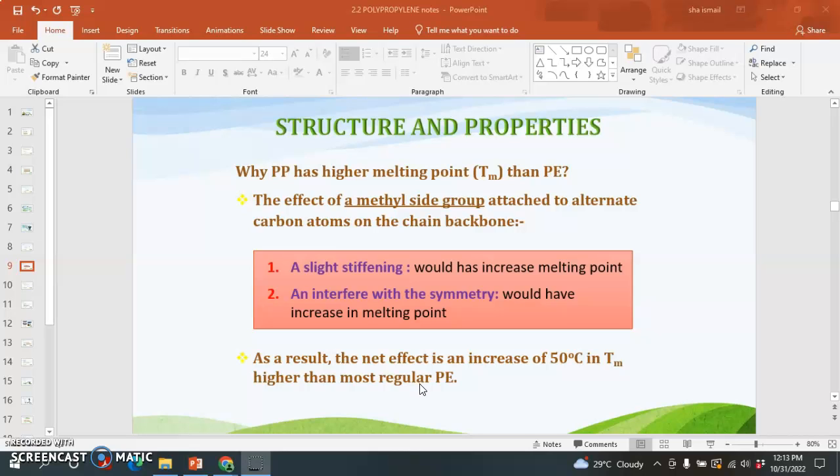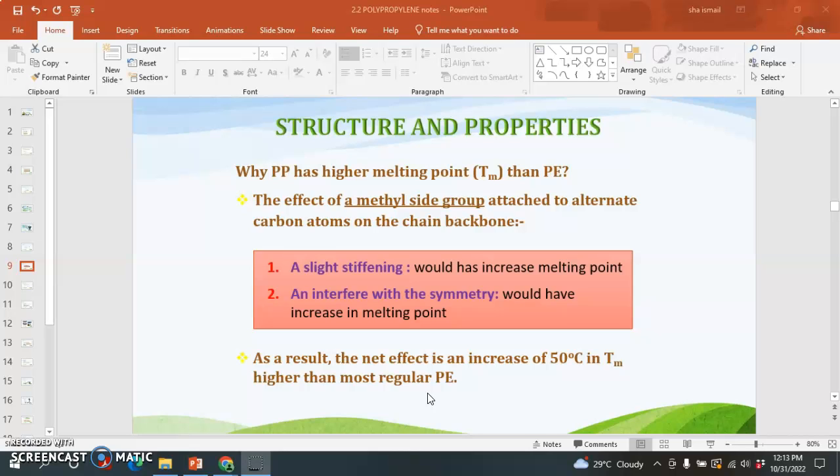Okay, dia akan pegang structure tu supaya main structure tu takkan easily rotate. So because of the methyl side group, the strength of PP is higher than PE.